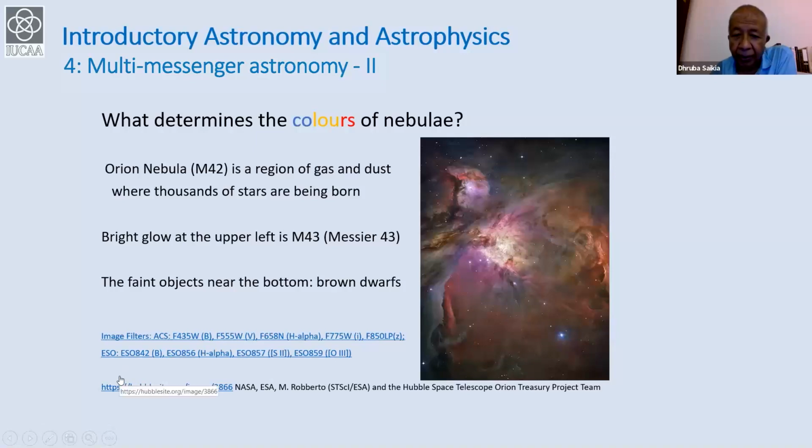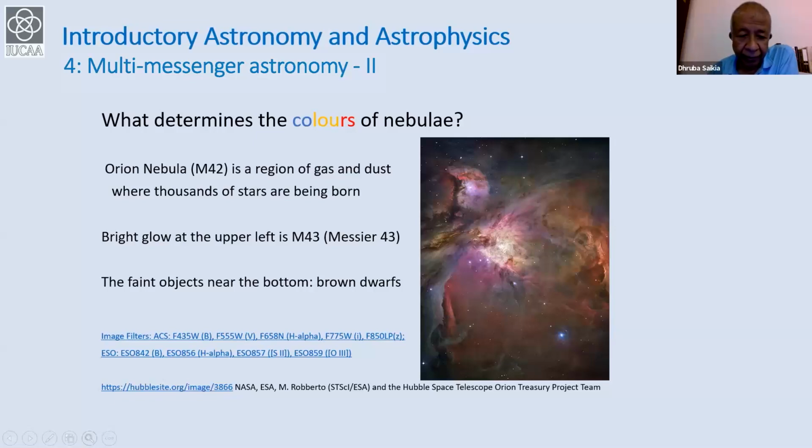Because it is an ionized gas, it reaches an equilibrium temperature of about 10,000 degrees Kelvin. These regions of ionized hydrogen are referred to as H II regions, okay? And H I in astronomical literature refers to neutral atomic hydrogen, whereas H II would be singly ionized hydrogen.